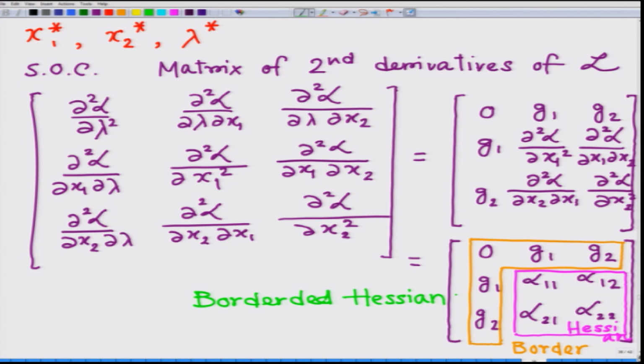So, note the difference. In the case of an unconstrained optimization problem, we get a simple Hessian matrix. In the case of a constrained optimization problem, we get a bordered Hessian matrix.